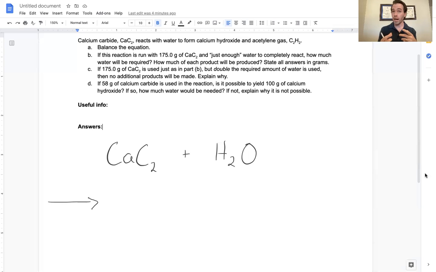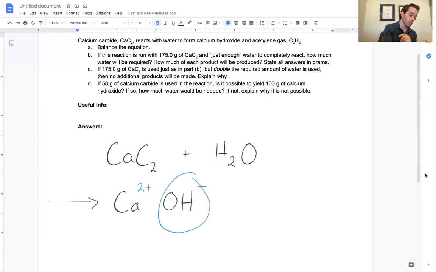Hydroxide is a polyatomic ion. You have a handout from your class that tells you that hydroxide is OH, and that's an ionic compound because OH is a polyatomic ion. So Ca has a +2 charge, or you write it as 2 plus, and OH has a -1 charge.